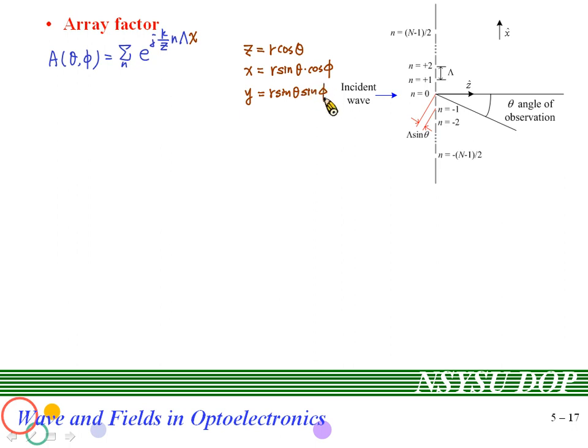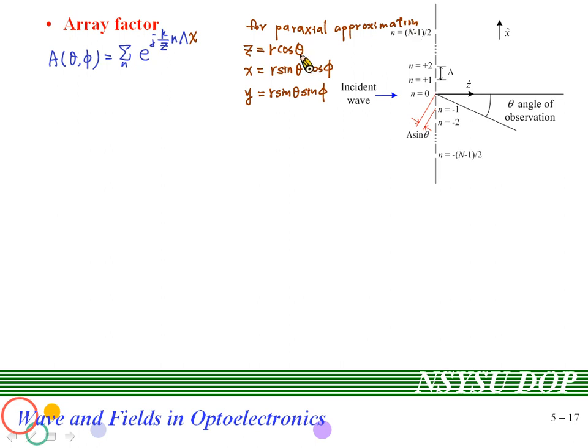Okay, and if we consider the parallel approximation. As for parallel propagation, we know that the k vector will be very close to the z-axis.